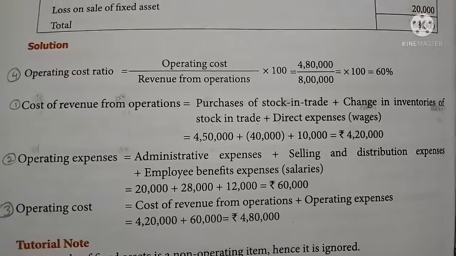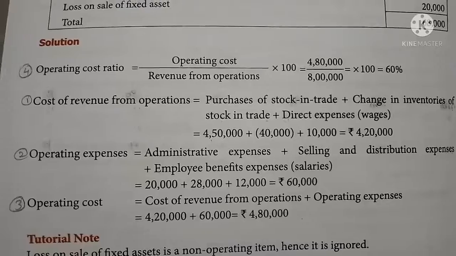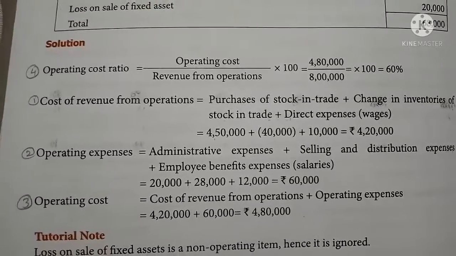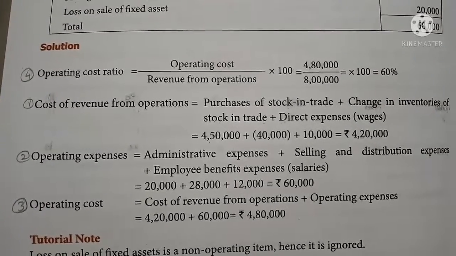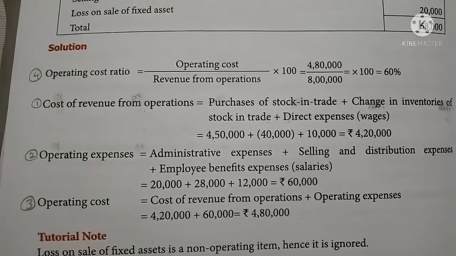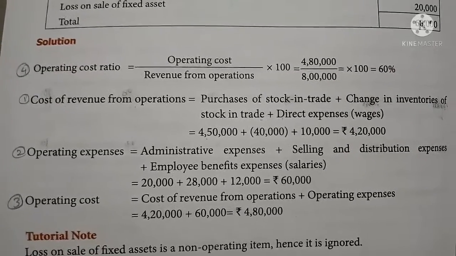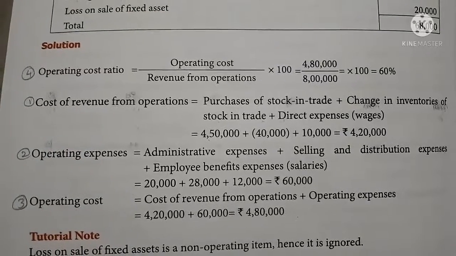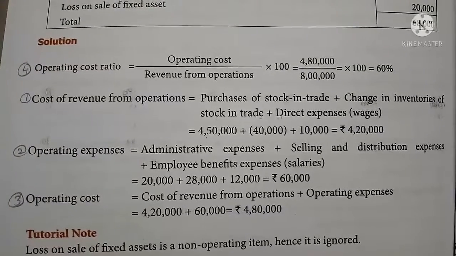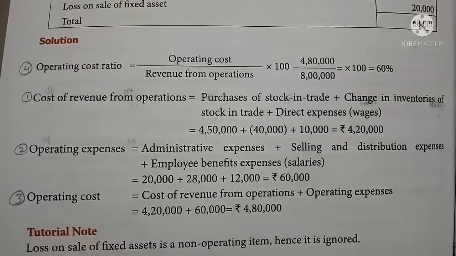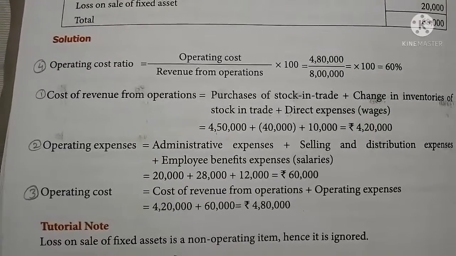So likewise, if any problem is asked related to ratio analysis, whether gross profit ratio or operating cost ratio, or previously we discussed 5 ratios, that is current ratio, quick ratio, debt equity ratio, proprietary ratio, and capital gearing ratio.